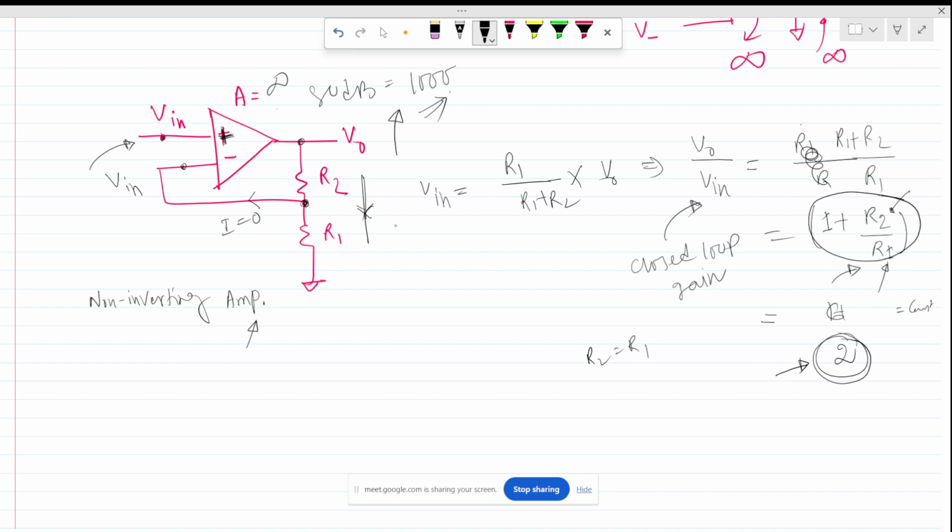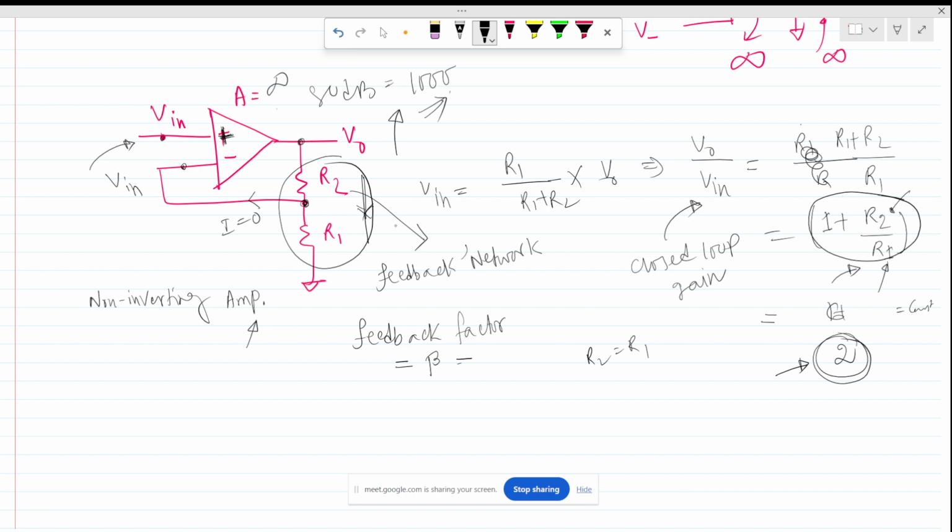In this case, we denote R2's branch as the feedback network, or feedback circuit. And here we have a term called the feedback factor, or feedback fraction, and this is normally denoted as beta.